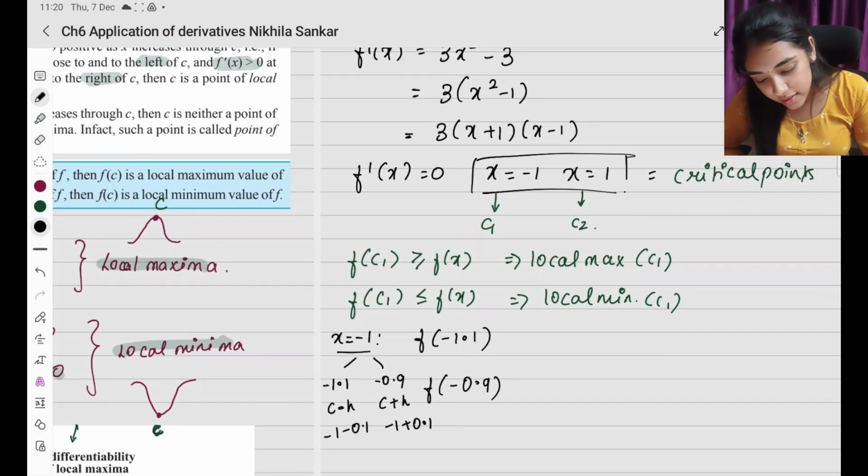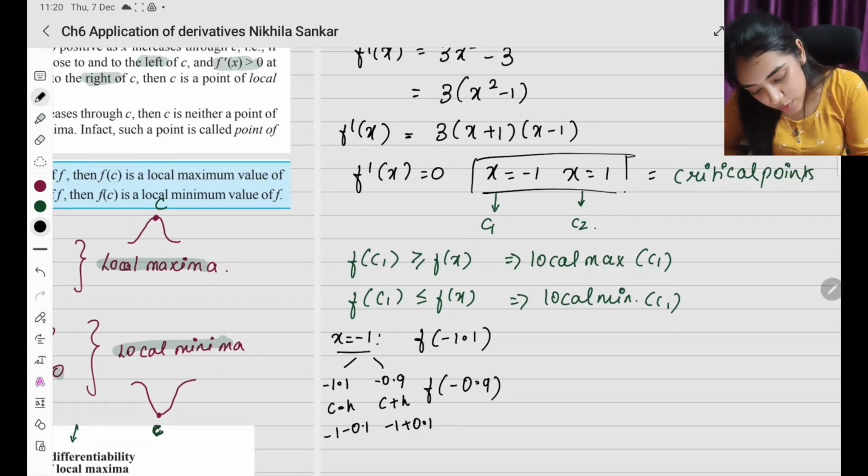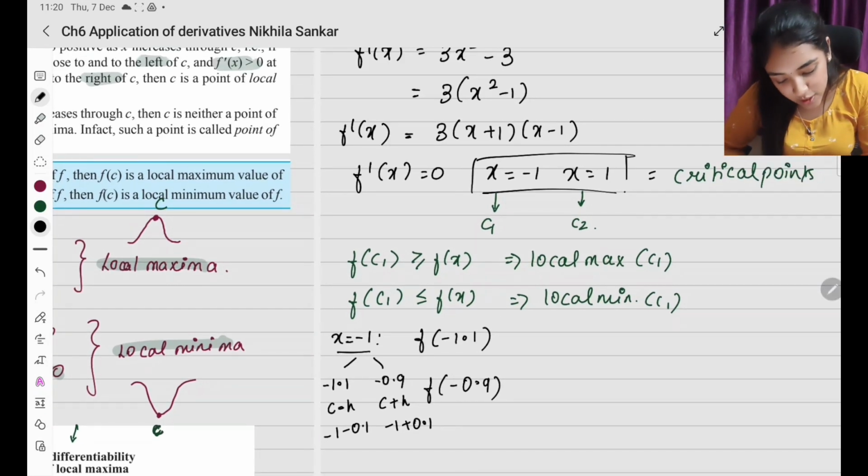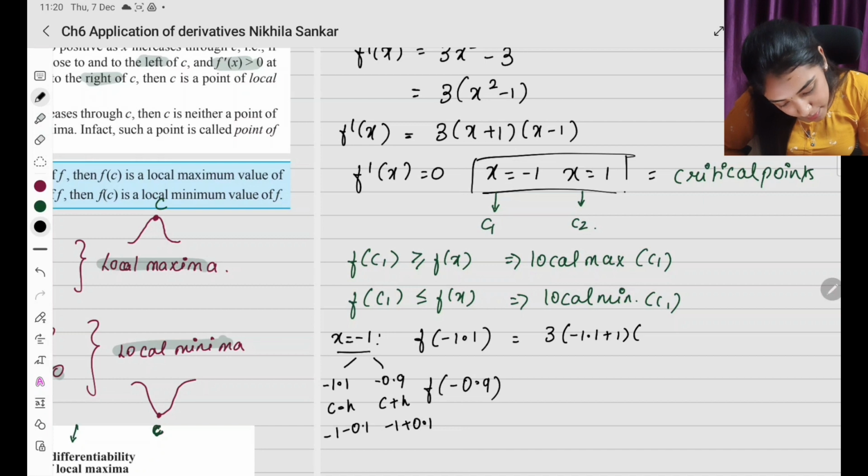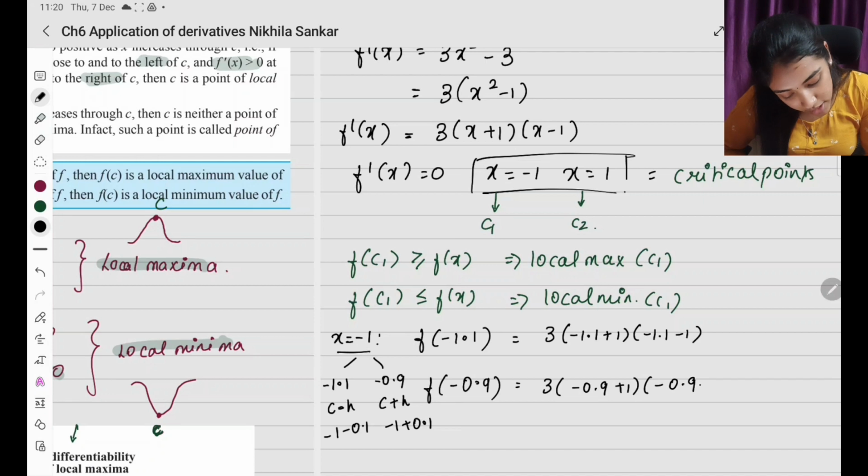Now what is my f dash? This is going to be my f dash of x, which is 3 times x plus 1 into x minus 1. So when I substitute, I have 3 times minus 1.1 plus 1 times minus 1.1 minus 1, and 3 times minus 0.9 plus 1 times minus 0.9 minus 1.